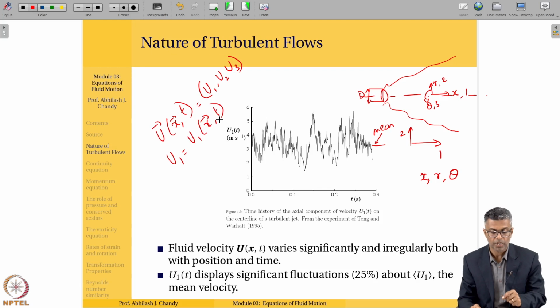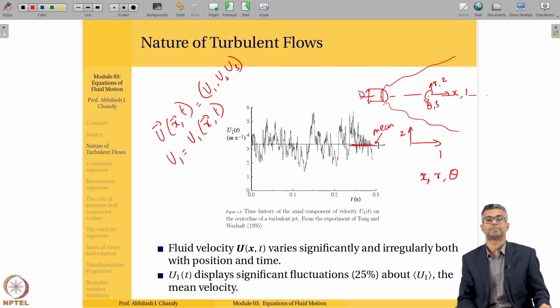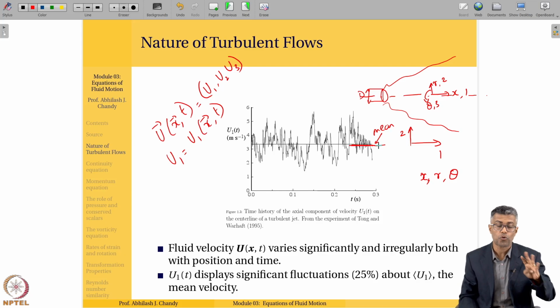So what is shown here is u1 at a particular point along the center line. That is the recording that is shown here, and the mean of that value is what is shown in this line. I hope this is clear. So our fluid velocity as such is a 4-dimensional variable, x1, x2, x3, and then time.